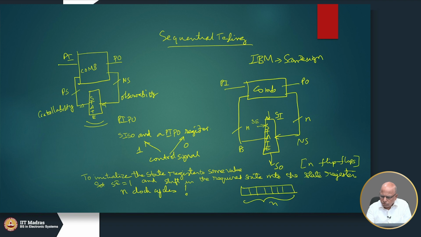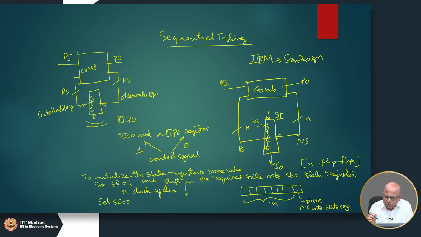Then we go into the mode where scan enable is 0. During that time, it will act as a parallel in parallel out register, and you can capture the next state to the state register. Then you may want to see what is there inside the state register, whether it went into the right state.